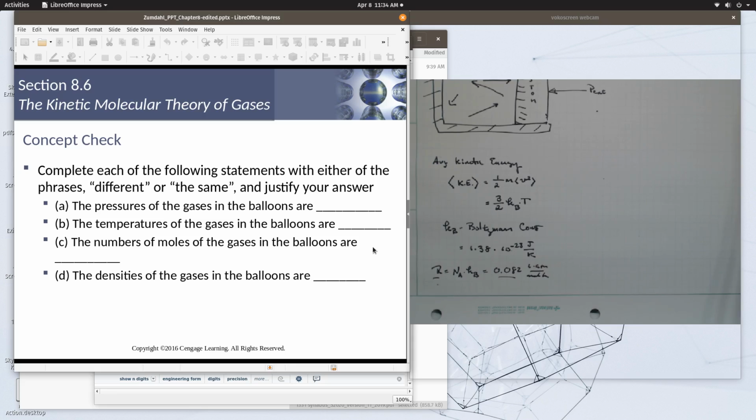The helium one will weigh more than the hydrogen, and so hydrogen is a great gas for making dirigibles and balloons because it's more buoyant than helium. However, it has a small problem of being very flammable, so it's not necessarily a great way of lifting a balloon.